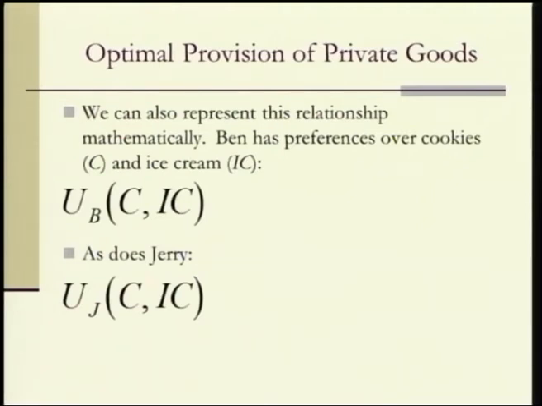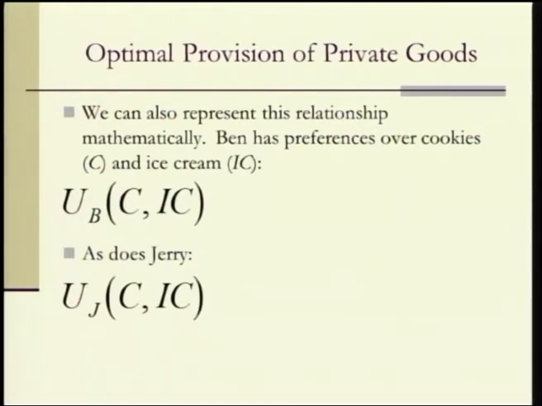In this example, we assume that we have two persons and two products, ice cream and cookies. We are going to choose the optimal quantity that they must purchase to maximize their benefits or their utility, and we will go to the social optimal using the marginal utility.